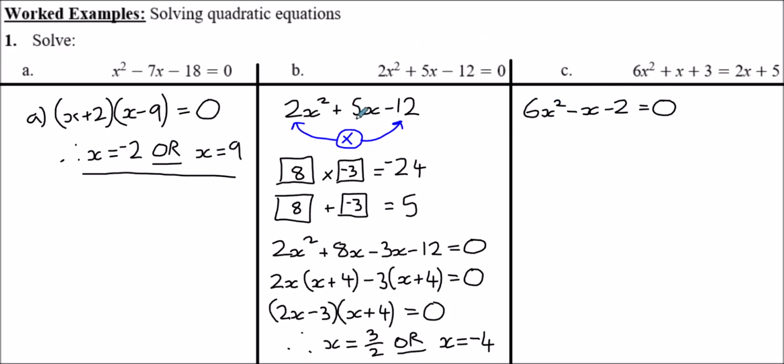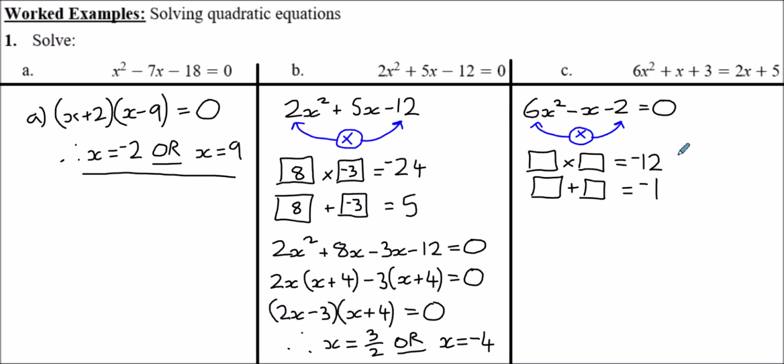Now what we're going to do is the same as part B. Using the AC method, we're going to multiply the 6 with this negative 2. 6 times negative 2 is negative 12. And so we're going to hunt for two numbers which, when we multiply them together, give us negative 12, and when we add them together, give us minus 1, as in this minus 1x. So, what are these two numbers?